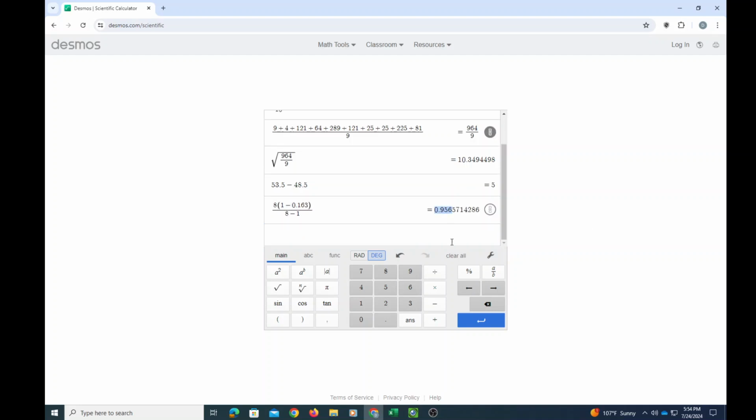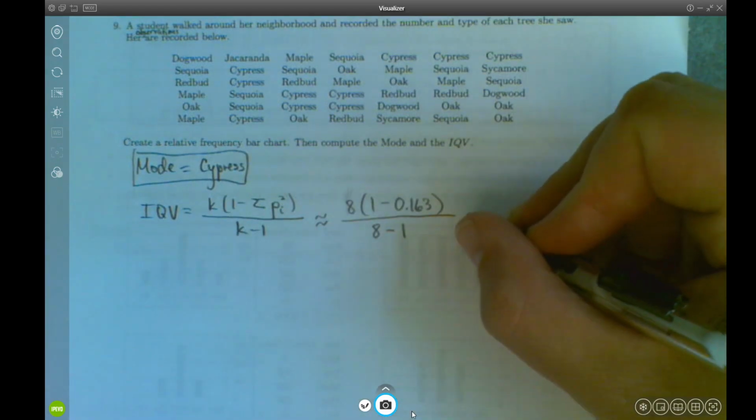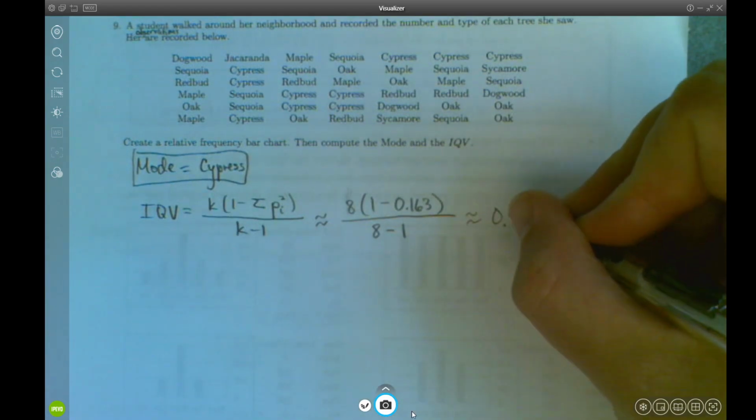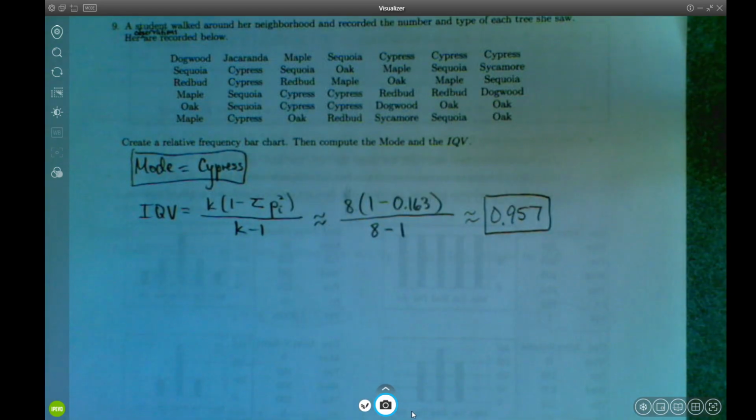And there we go. It's about 0.957. So there's my IQV.